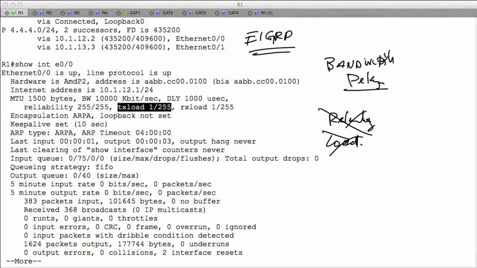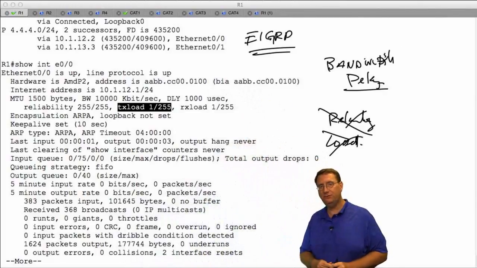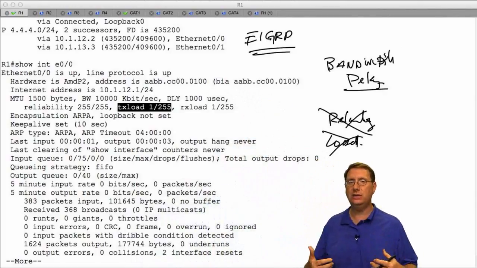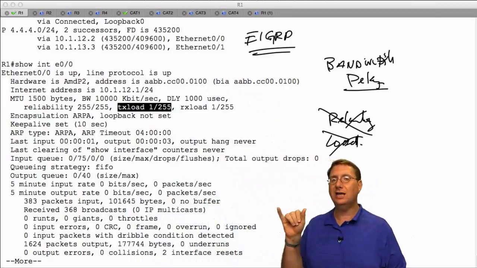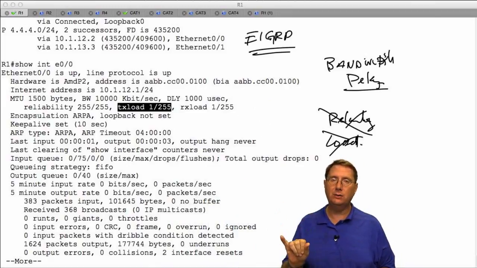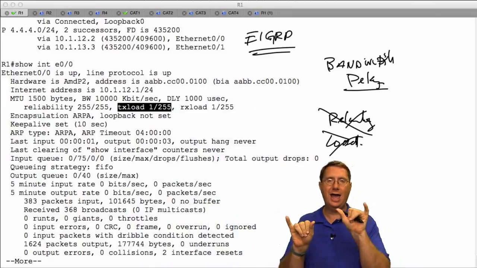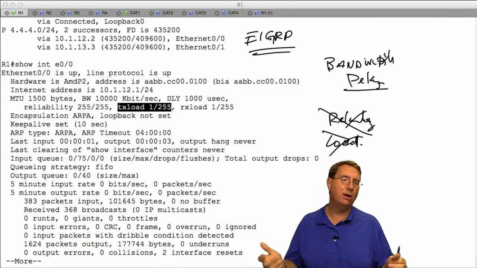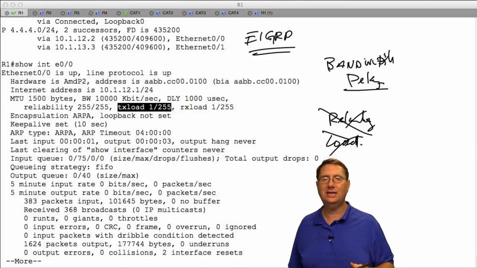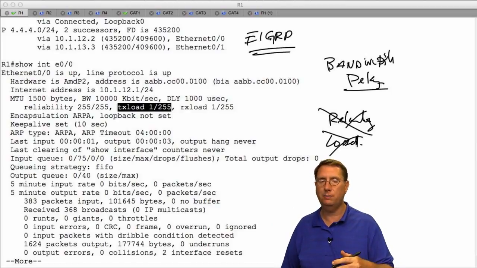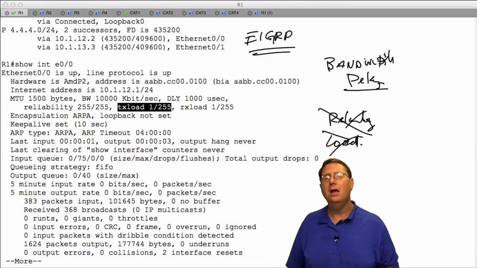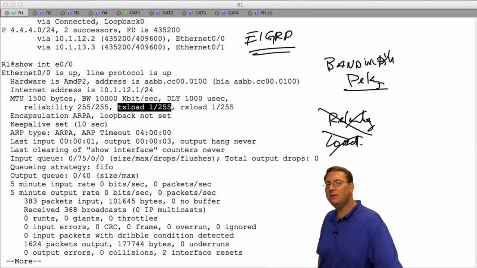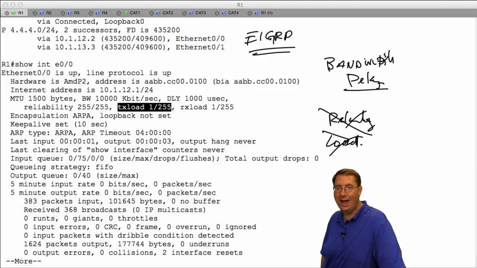Now, we've already walked through how best to advertise prefixes. I'm a big fan of using inverse masks. So I'll cite the actual address that I want to advertise, and I'll use the most accurate, specific, detailed inverse mask I can, normally all zeros, because I want to be very selective as to which interfaces I say are going to participate in EIGRP. If I don't do that, sometimes I can run into problems as I start adding interfaces.